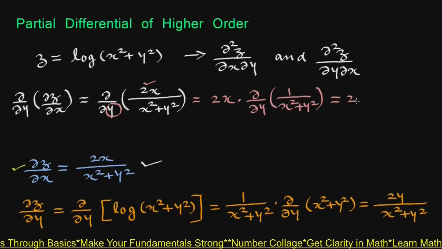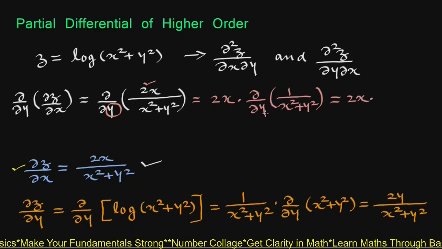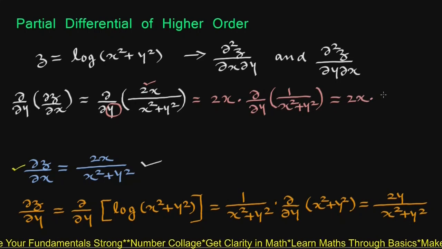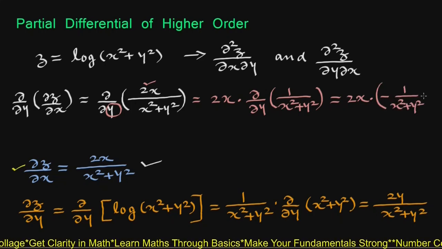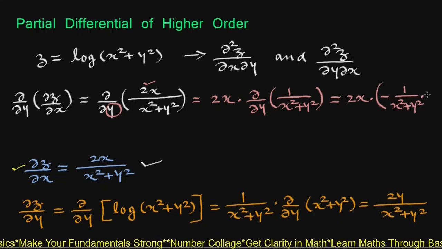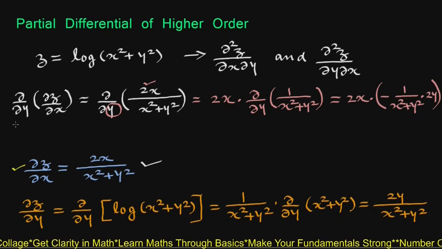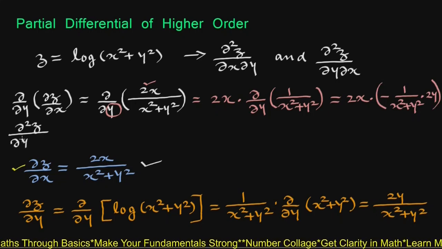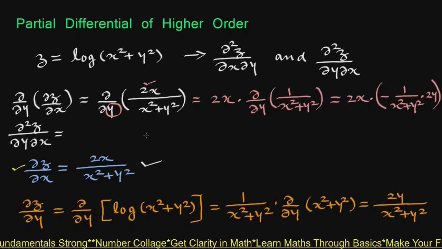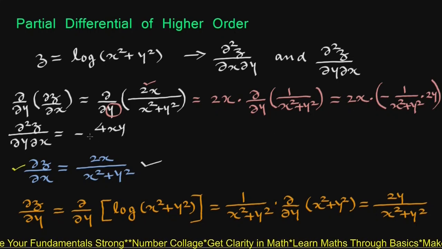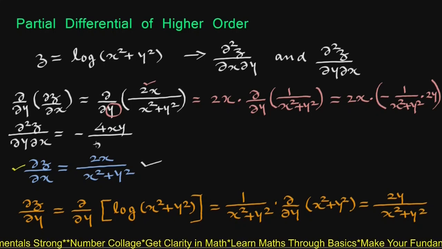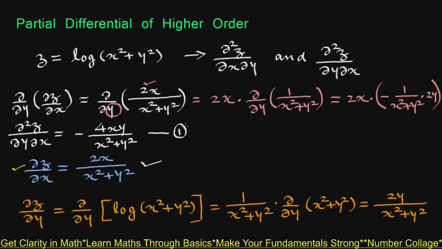This will be 2x into minus 1/(x² + y²)² into the derivative of y², 2y. So here we get ∂²z/∂y∂x as minus 4xy upon (x² + y²)². Let us name this 1.